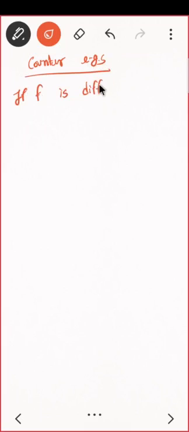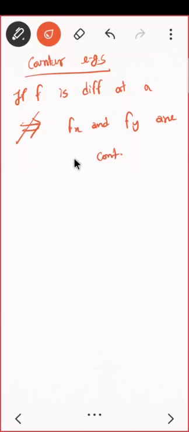Now let us see, we are done with one theorem. Now let us give some counterexamples. First, if f is differentiable at a point, it need not imply that fx and fy are continuous.